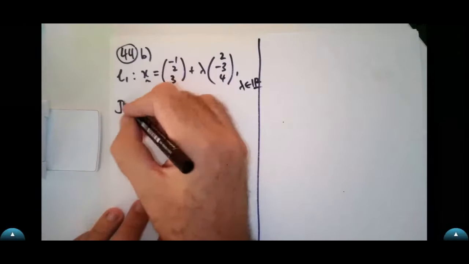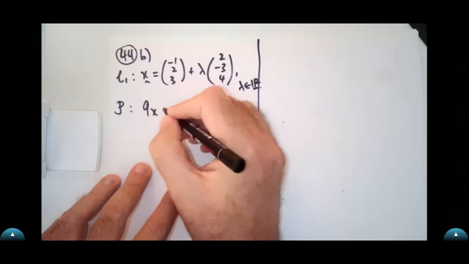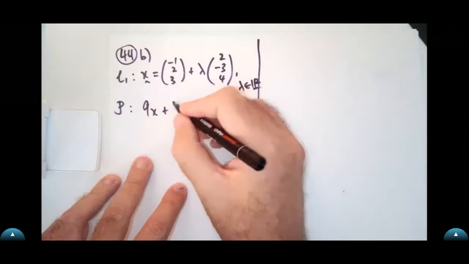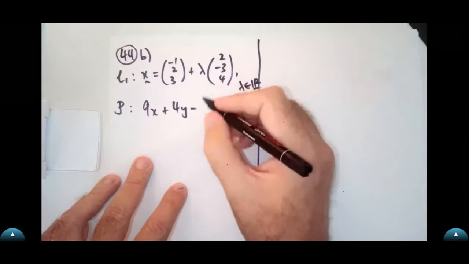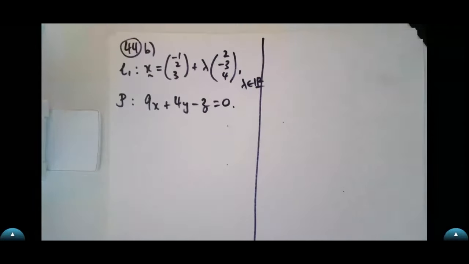And we've got a plane which is given in the Cartesian form by this setup here. Okay. So now we want to find out where these two things intersect.